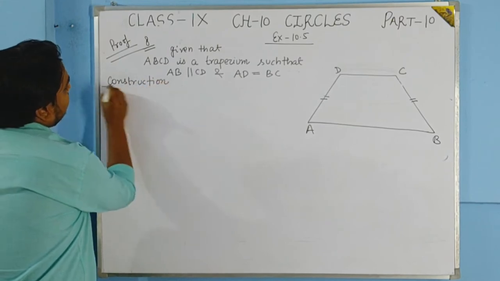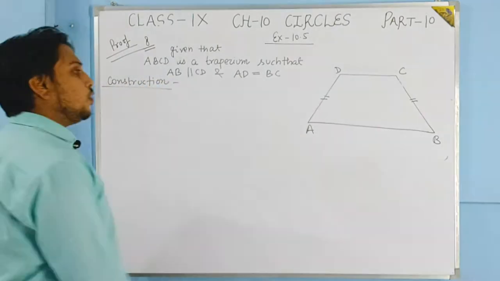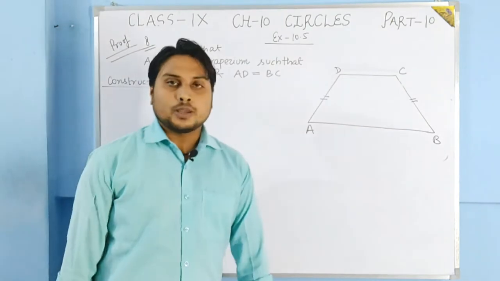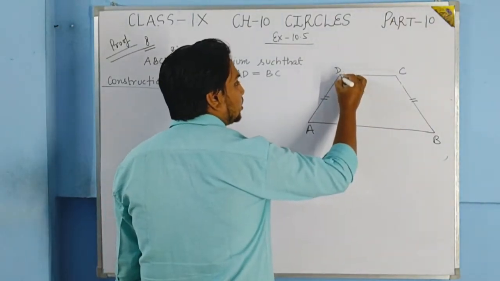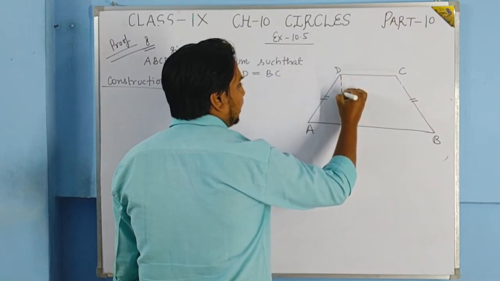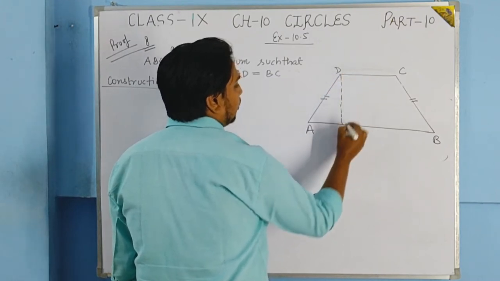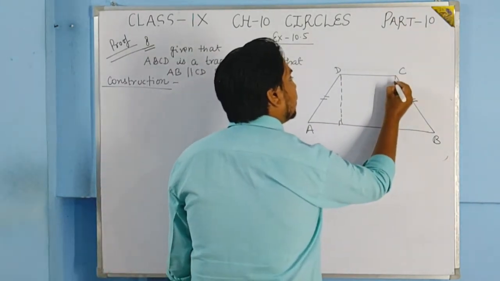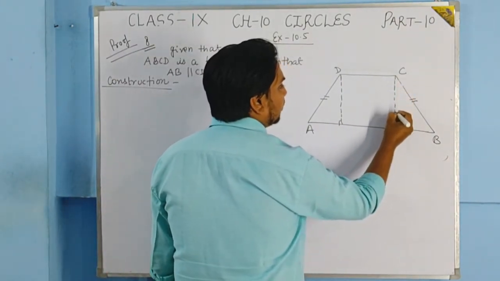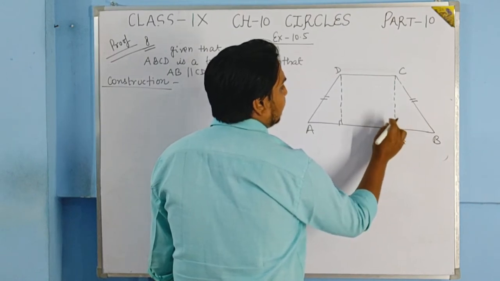To prove this question, we have to do some construction. What construction will we do? We will draw two perpendiculars. One is from D to the side AB and one is from C to the side AB.